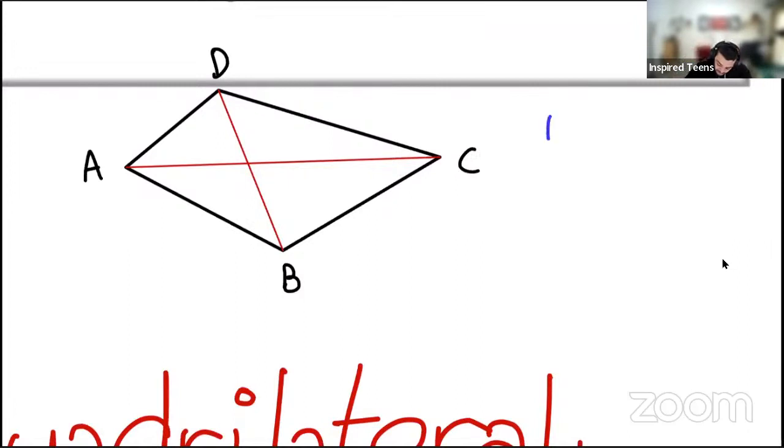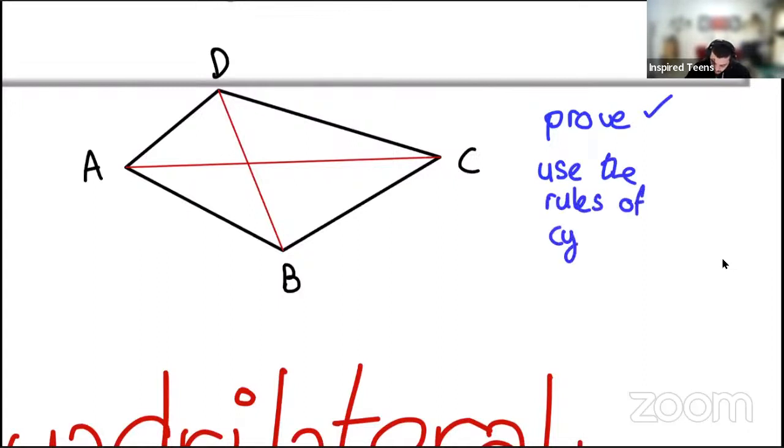Once I have proved it, then I can use the rules of a cyclic quad. Let's take this now.